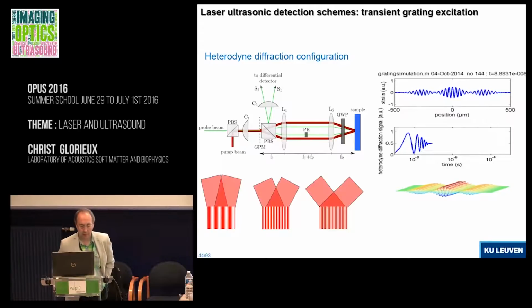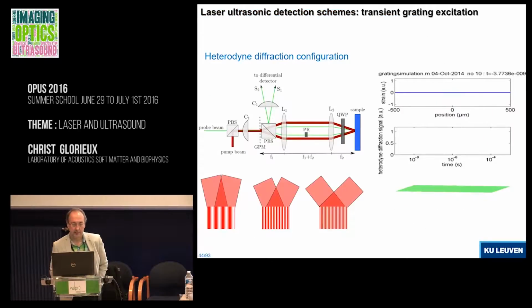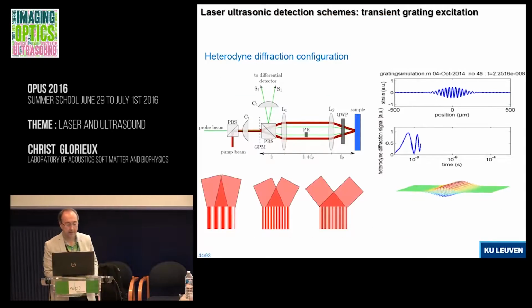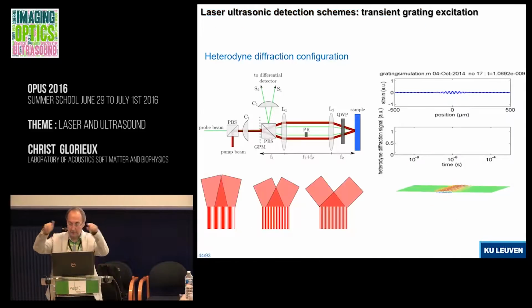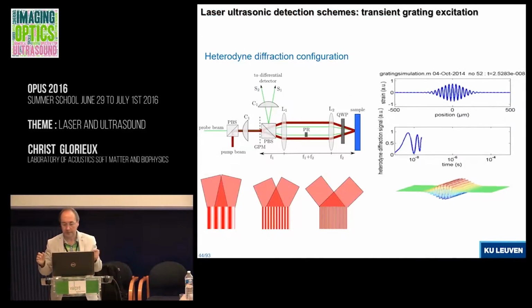Now, what is the probe beam doing? It's following the same path. It's again split by the diffraction grating, and there are two probe beams which are crossing on the sample. It doesn't matter that they are crossing, but they are both there. One probe beam will reflect, of course, but it will also diffract a little bit, because if you have a periodical ripple on the sample, or a change of refractive index, you have some diffraction.